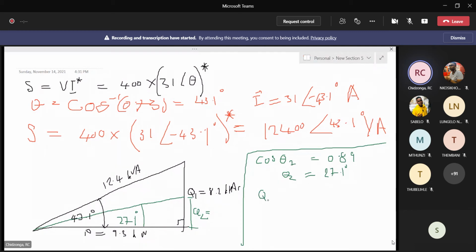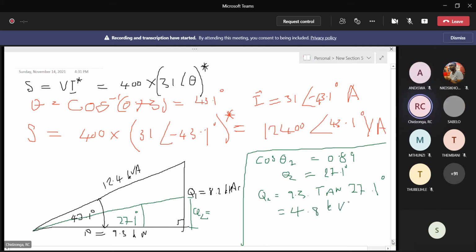Therefore, Q2 is 9.3 times tan 27.1, which is 4.8 kilovars.